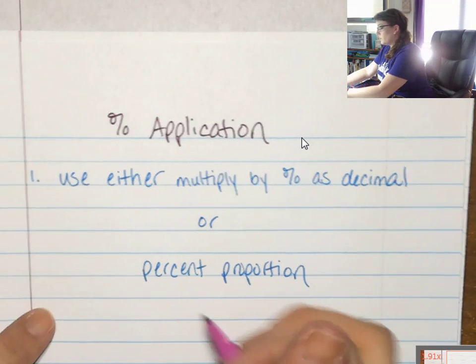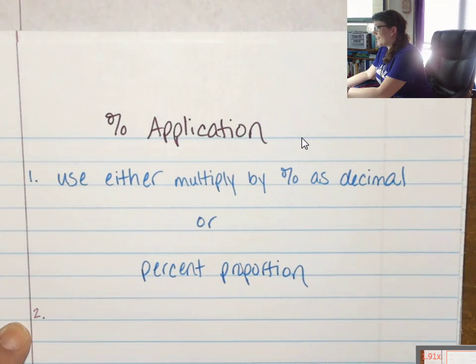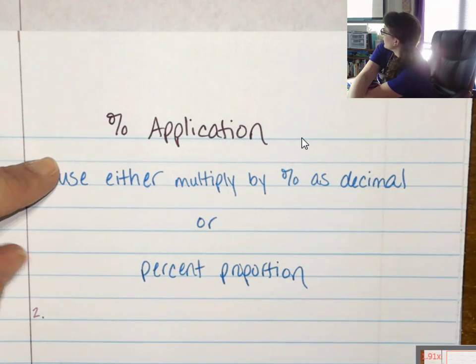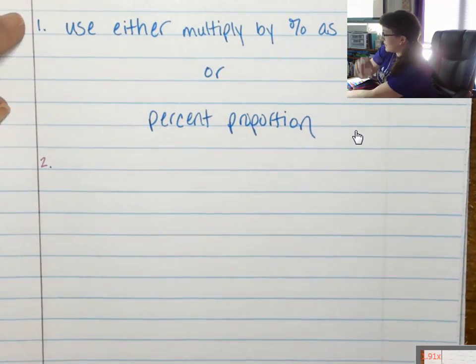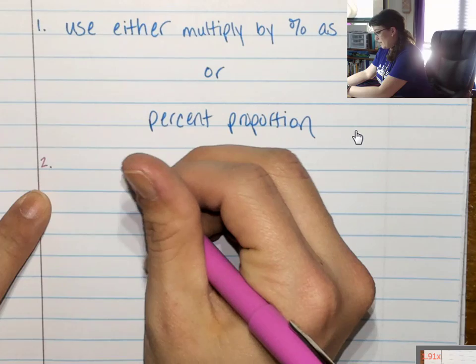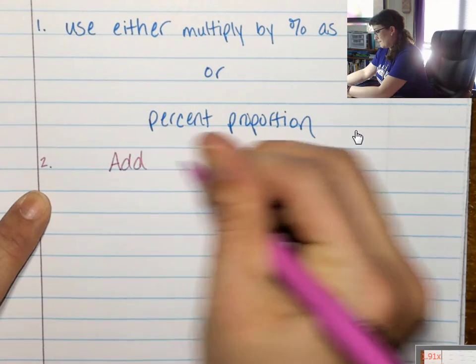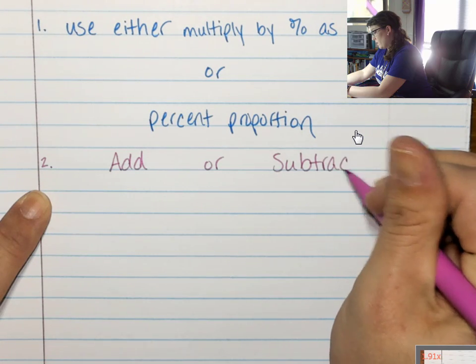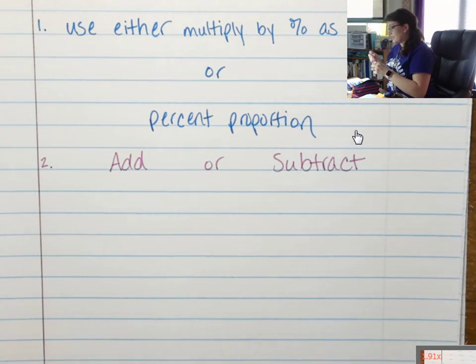And then step 2, we're adding or subtracting. So just like what you were doing with those 5 questions, whatever you found out doing this, then you have to either add it or subtract it. Instances that we add.